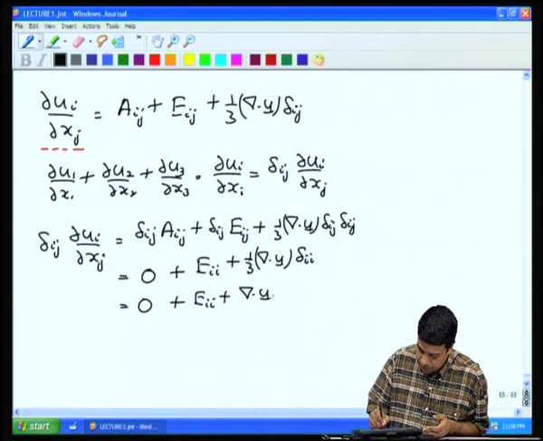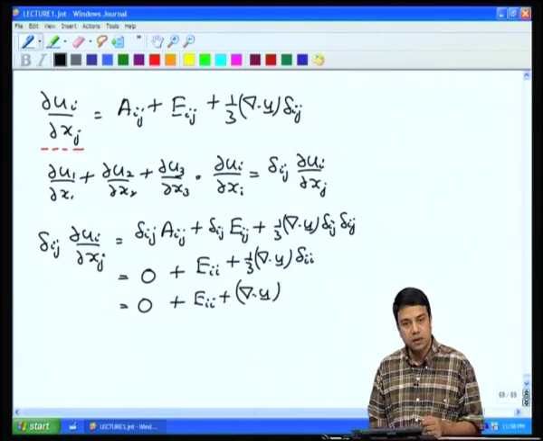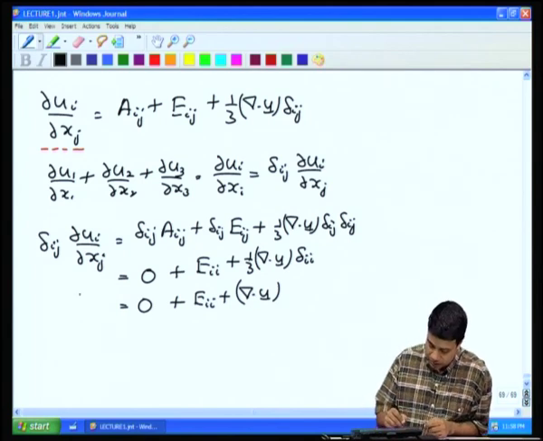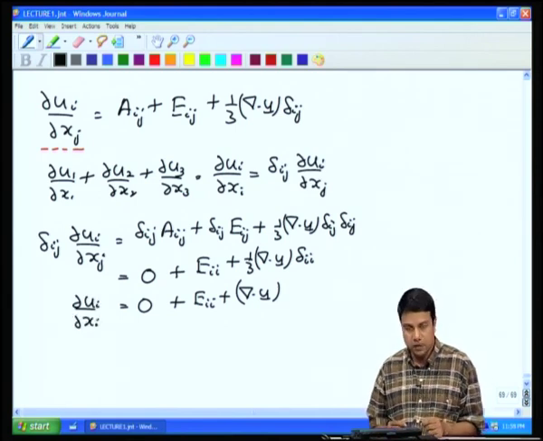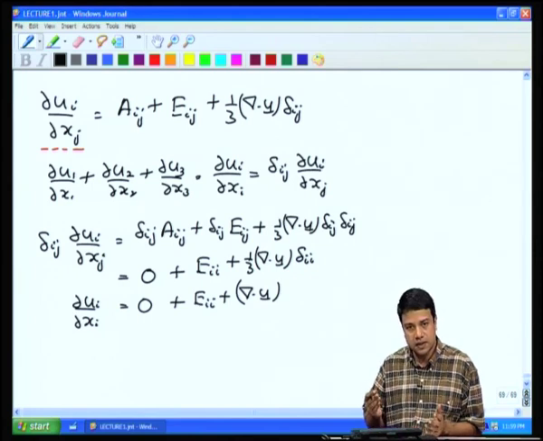del dot u. On the left hand side also, I have delta ij times partial ui by partial xj, which is basically equal to partial ui by partial xi. Left hand side I have del dot u, on the right hand side I have the trace of E plus del dot u.